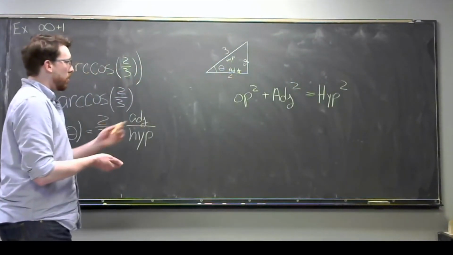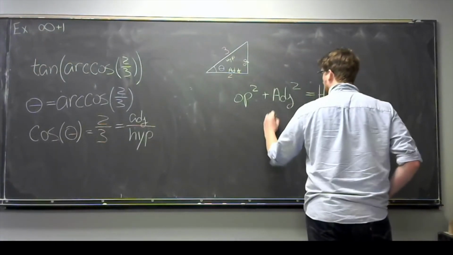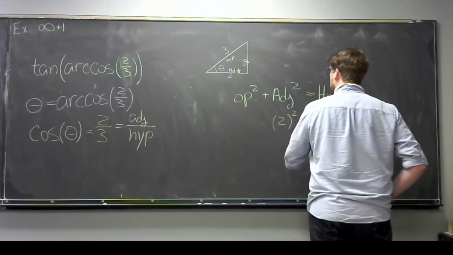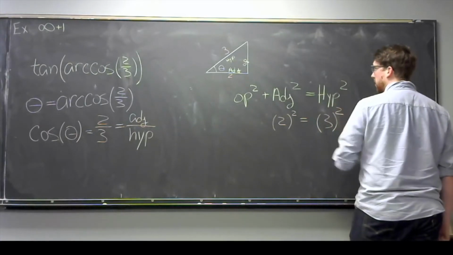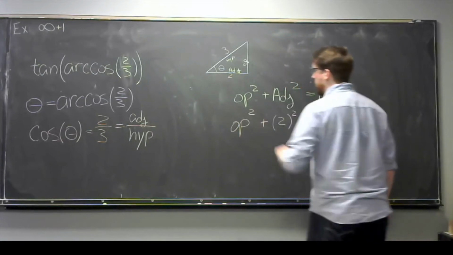So we can plug those in. We've got the quantity 2 squared, the quantity 3 squared, and our unknown squared.